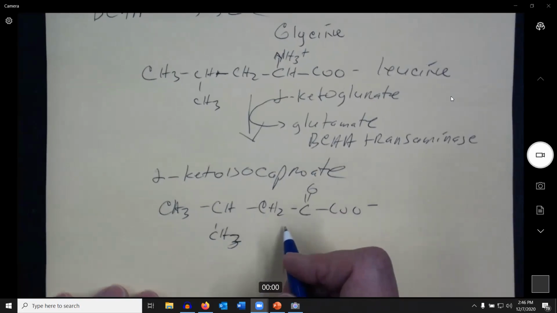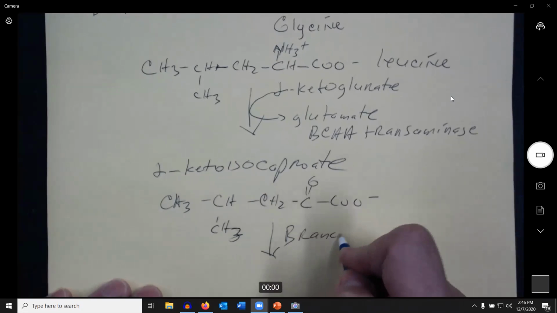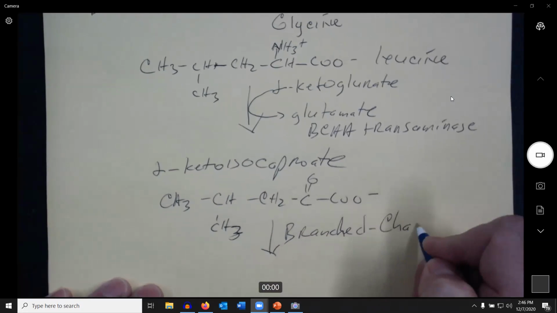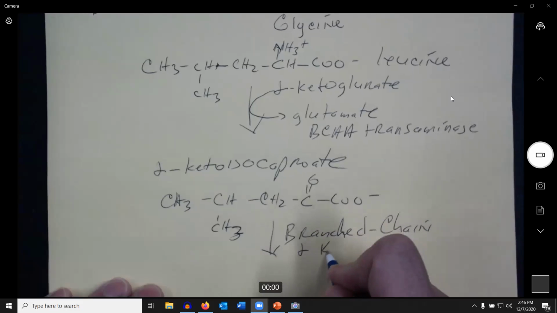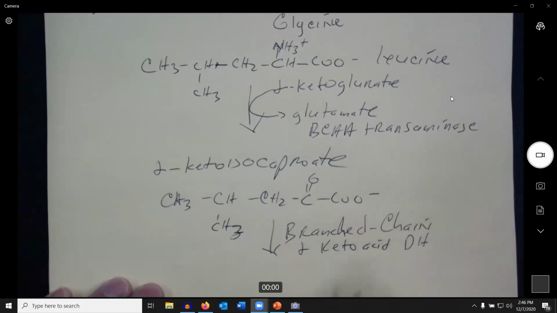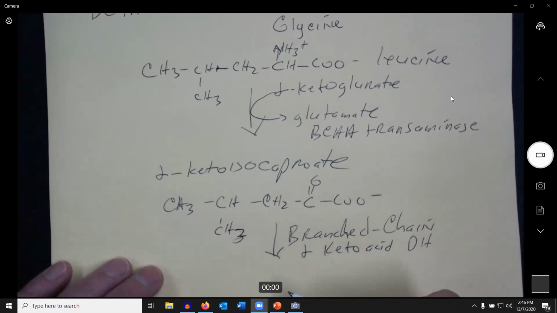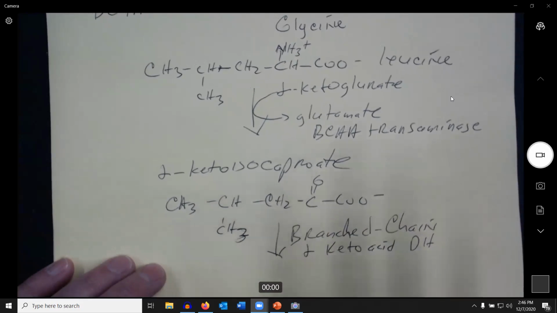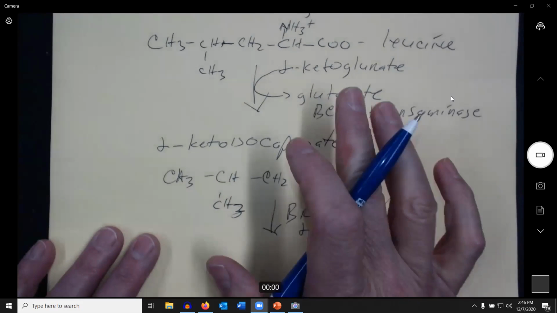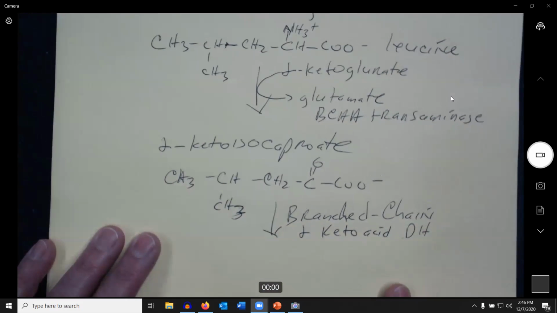This is then going to go through a so-called branched chain alpha keto acid dehydrogenase. So this is going to make an acetyl coenzyme A group out of this. It's going to do something very similar to what alpha keto glutarate dehydrogenase or pyruvate dehydrogenase do.